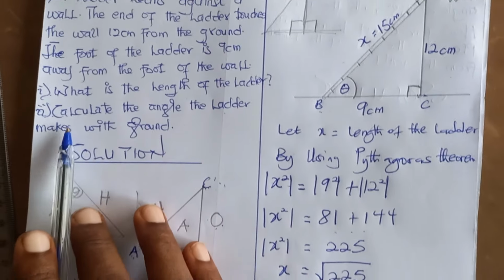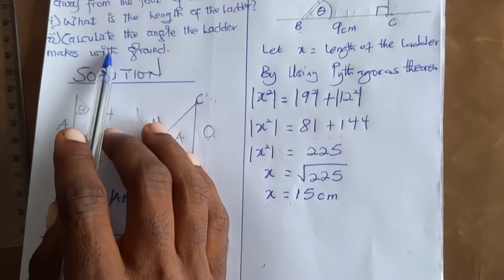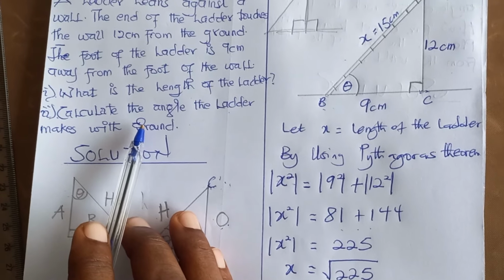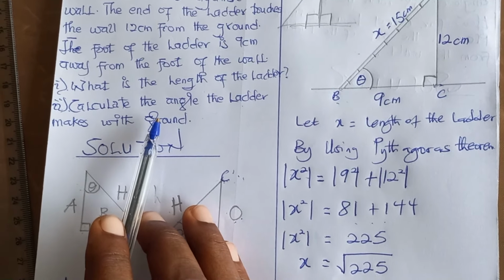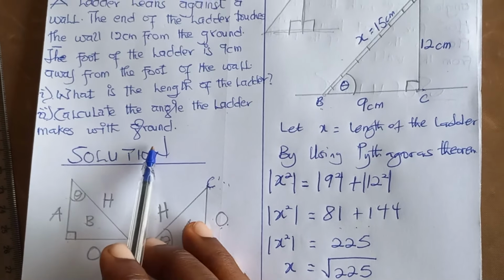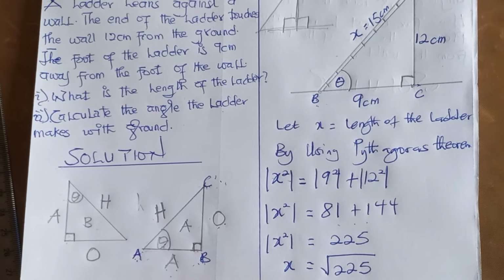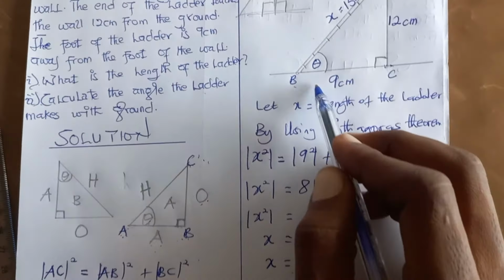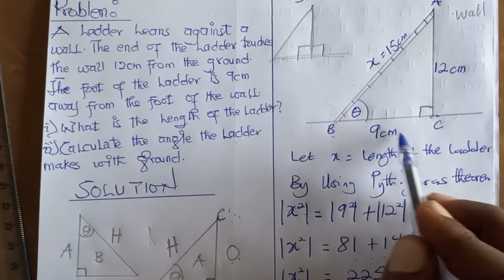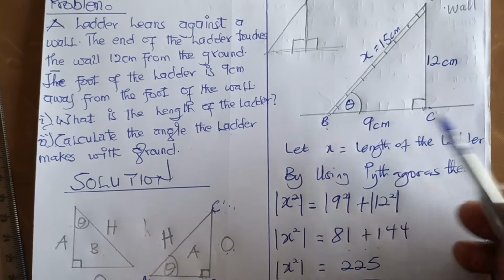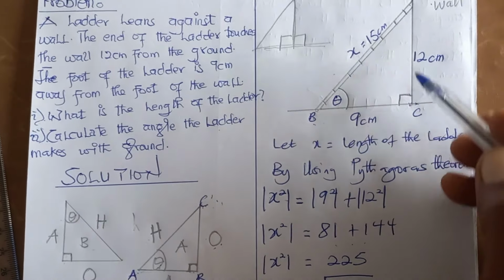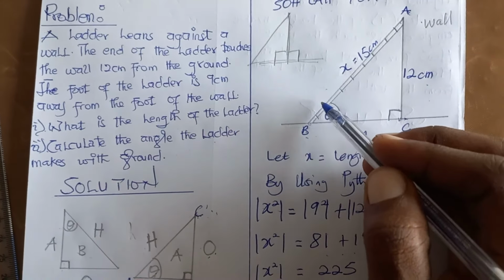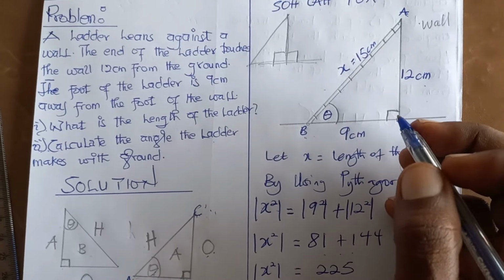So our question 2 says that we should calculate the angle the ladder makes with the what? With the ground. Good. So in this case, this side becomes our adjacent, which is 9 centimeters, and this becomes our opposite, which is 12 centimeters, and our hypotenuse is 15 centimeters.